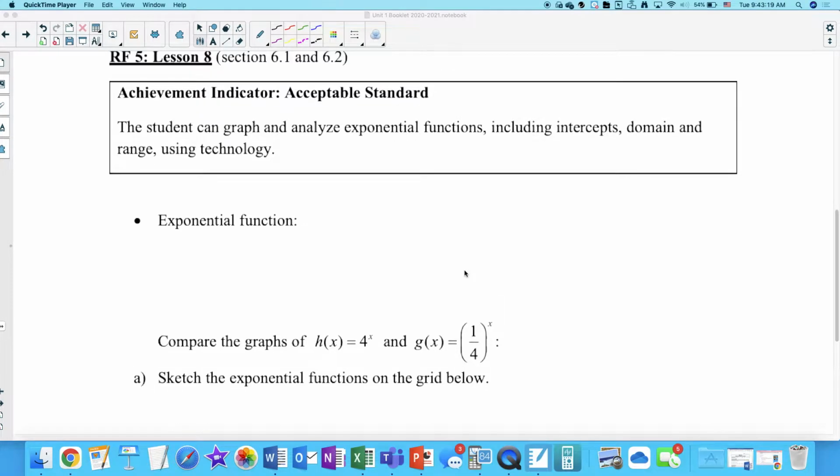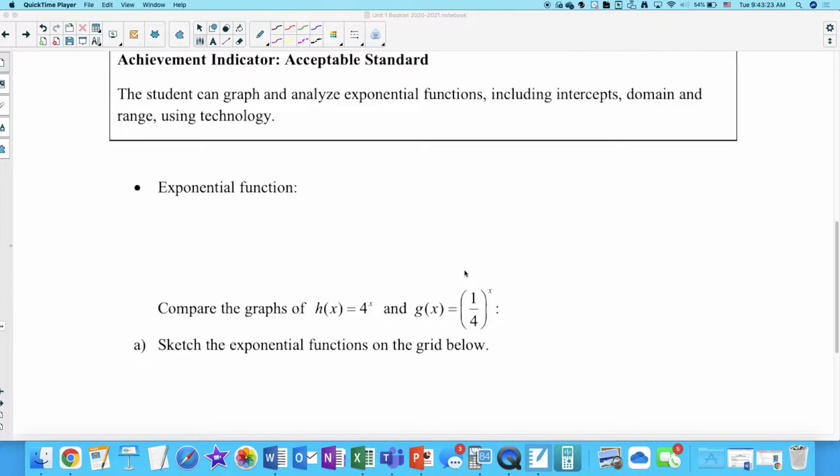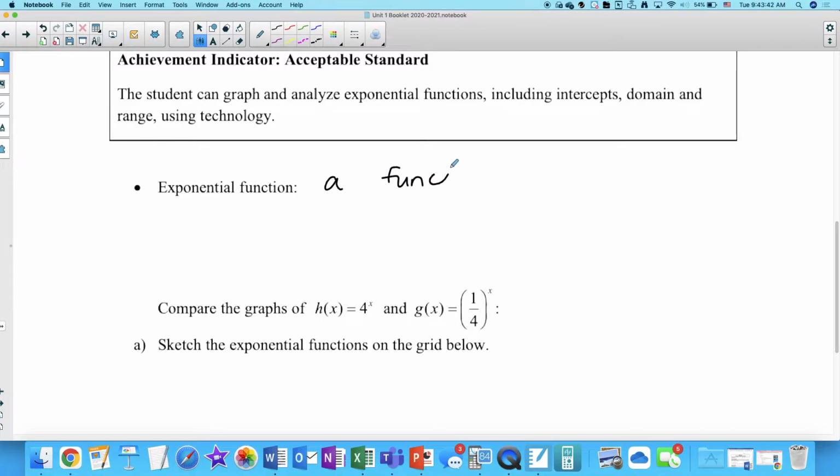Okay, so an exponential function is basically any function. Function means you have two variables, x and y, or whatever your two variables are, where the independent variable is in the exponent position.